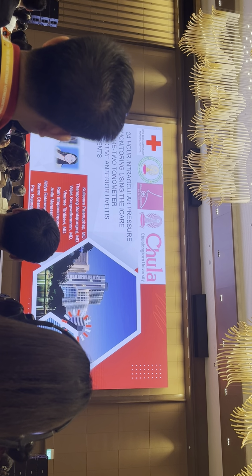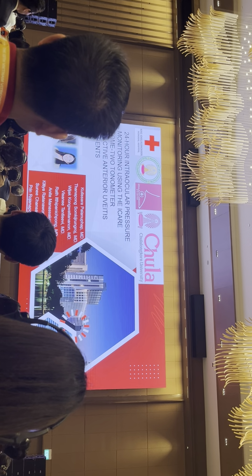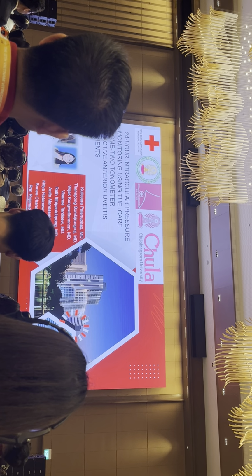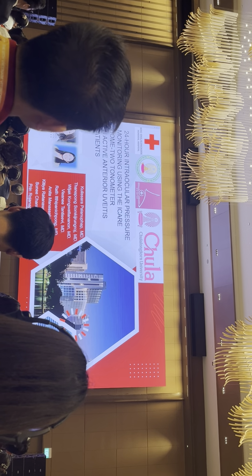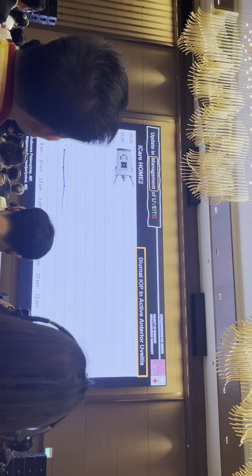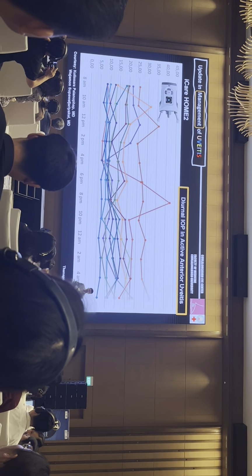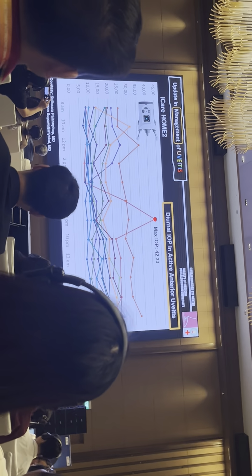This is the study that we did at Chulalongkorn University. We used 24-hour IOP monitoring with the iCare HOME tool in patients with active anterior uveitis. This is the preliminary data that we have. You're going to see it's very different throughout the patients.